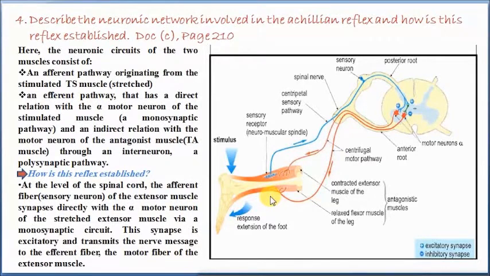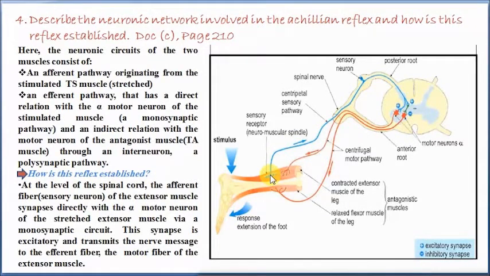Now, this green one is also synapsing with this blue one here. Remember, the blue fiber is the terminal end of the sensory neuron that is originating from the extensor muscle, which is the triceps surae.